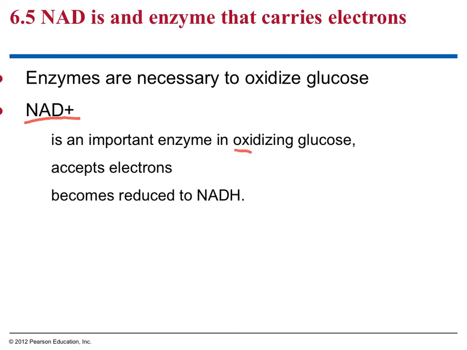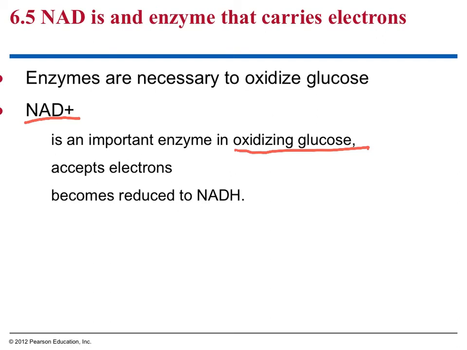Really important in oxidizing glucose. It has the ability to accept electrons. So it accepts both electrons and the hydrogens. So it's a temporary carrier of electrons. When we remove the hydrogen atoms and the electrons from glucose, they temporarily have to be held on to by another molecule, by NAD, or NAD plus rather.